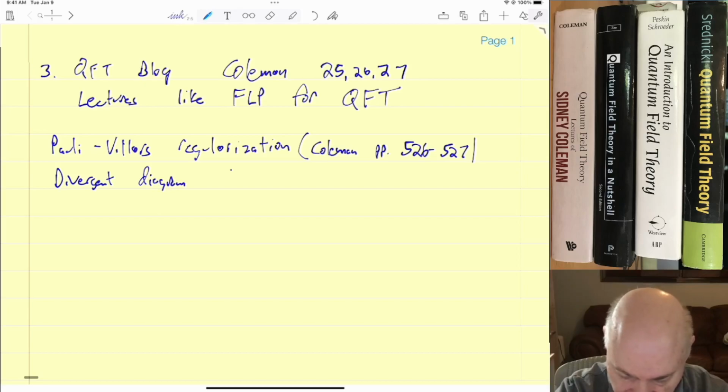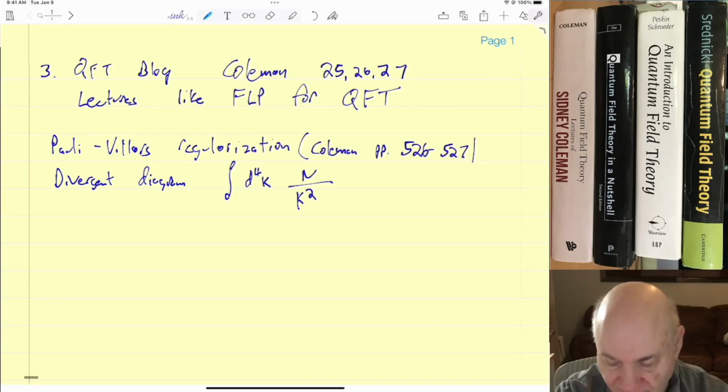it's usually some kind of loop diagram where you're integrating over d4k, and maybe you have something in the numerator and the denominator is something like k squared, let's say. And this is obviously badly divergent because we have a k cubed from the measure and k squared. But even if we have d4k over k to the fourth, we still have a little bit of a problem, because this is like k cubed over k to the fourth, it's like 1 over k, and it's logarithmically divergent.